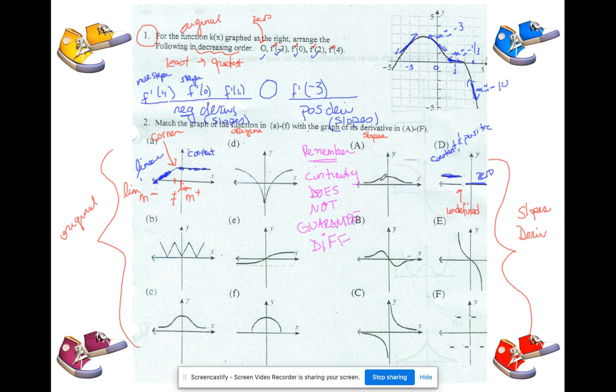However, notice that if you do have differentiability, every one of these graphs over here that is continuous, meaning that a derivative does exist everywhere, differentiability does guarantee continuity.